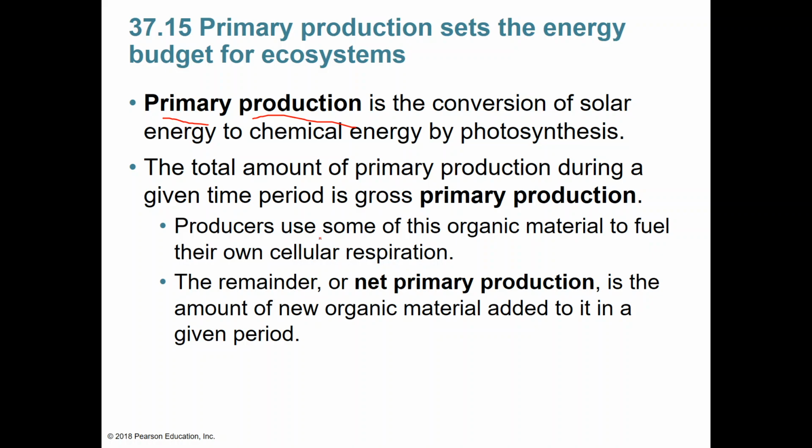So once the producers are done with their use of the organic material that they're building, what's left over we refer to as net primary production. That's the amount of organic material that's added to an ecosystem over time that's available for other organisms to use.